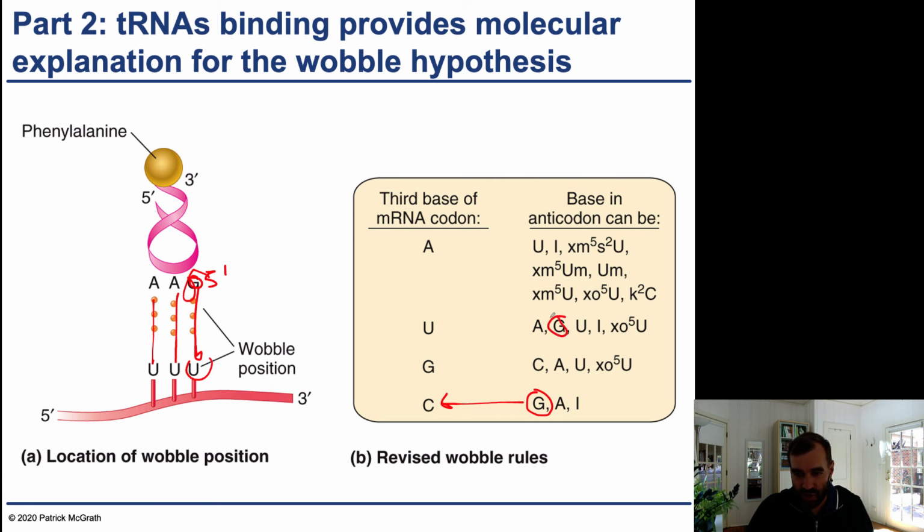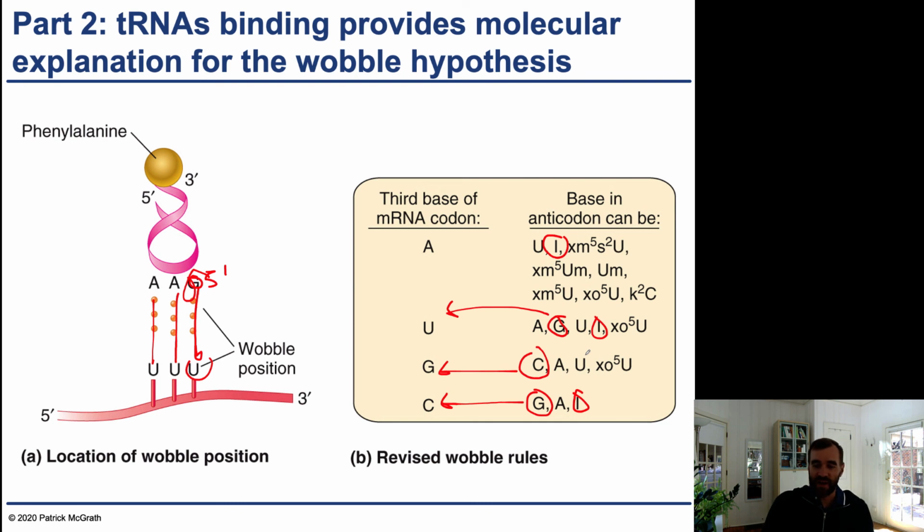But it can also recognize the U in the mRNA. So the G has two different mRNAs that it can actually recognize. The C's, you'll notice, can only recognize the G, but there's also ones like the I. So the I can recognize three different ones. The U's can recognize multiple ones.